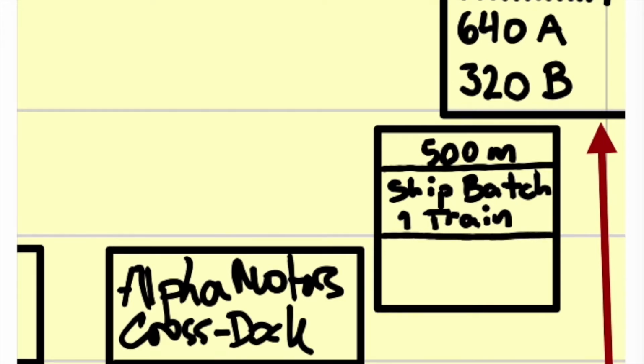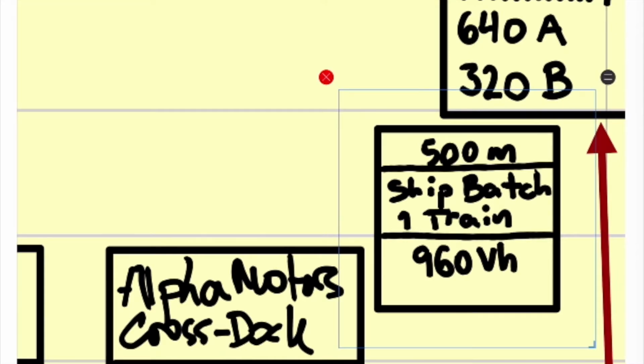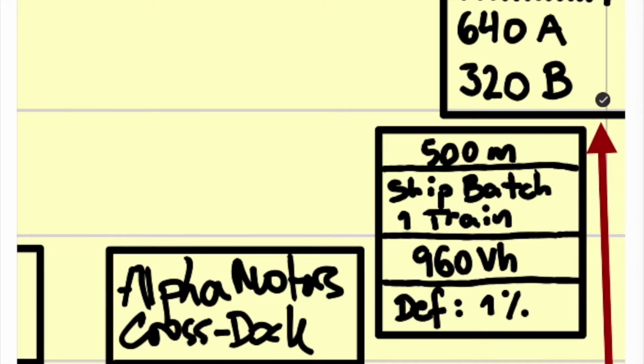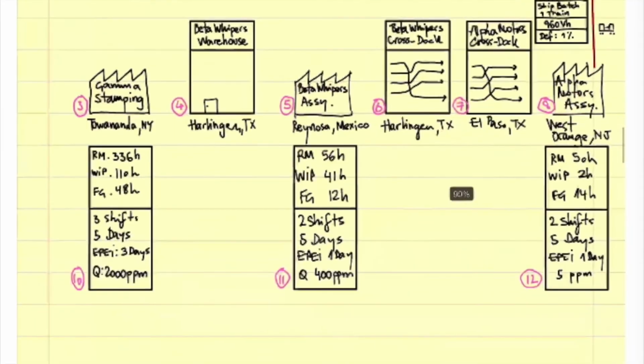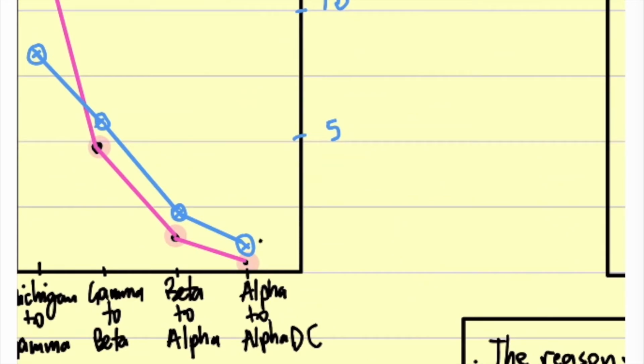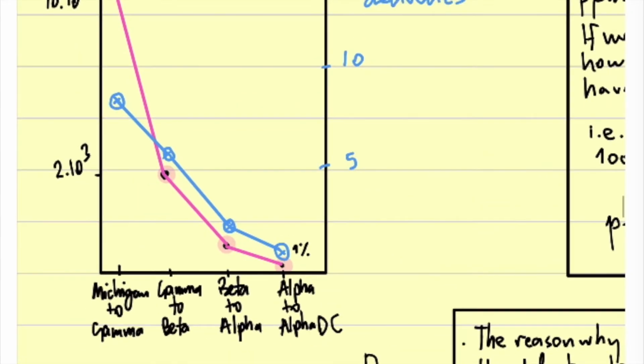And we are going to have 960 vehicles delivered. And we have defects of 1%, which is what we described in our defective parts. This is 1%.